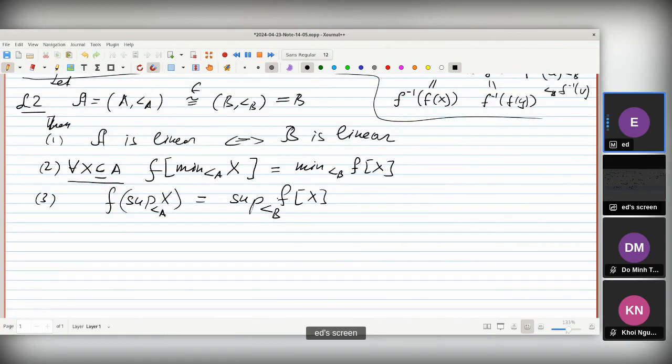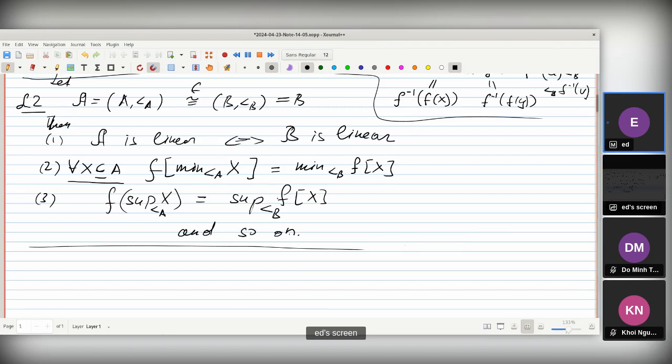Say the image of any chain is a chain, the image of any anti-chain is an anti-chain. Infimum, if it exists, is mapped to the infimum of the image set, and so on and so forth. Of course, one has to prove every such point formally, given we have no general statement for this theorem that everything defined in terms of an order is preserved.